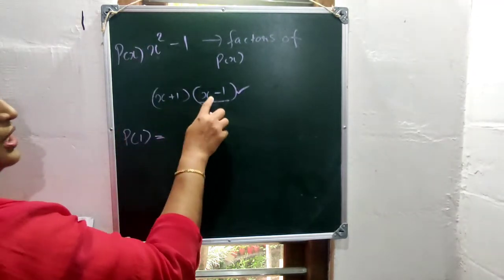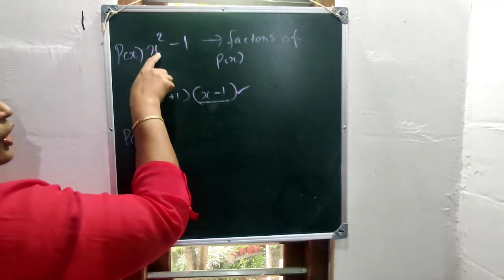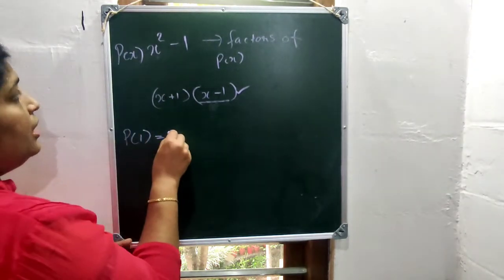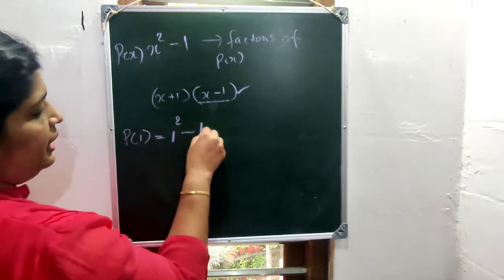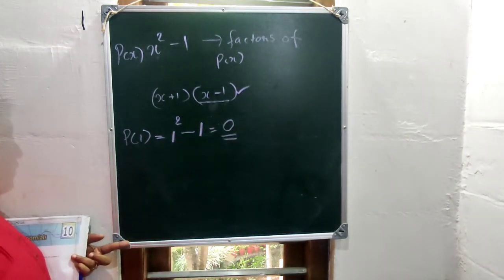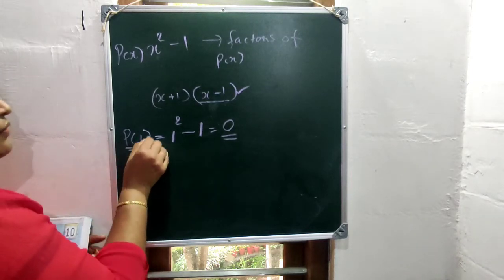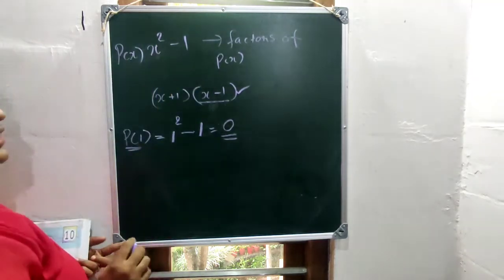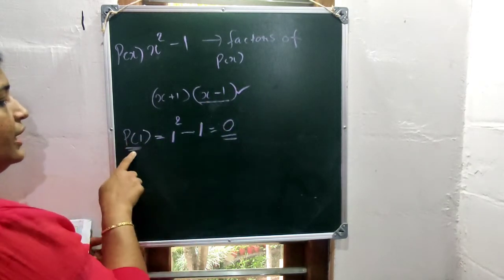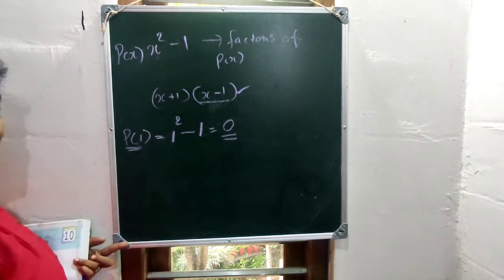Just substitute 1 instead of this x in this polynomial. That is what we call p of 1, right? That is 1 square minus 1, so that is equal to 0. So here we have p of x is equal to x square minus 1, and we know that x minus 1 is a factor. Then we have p of 1 is equal to 0.